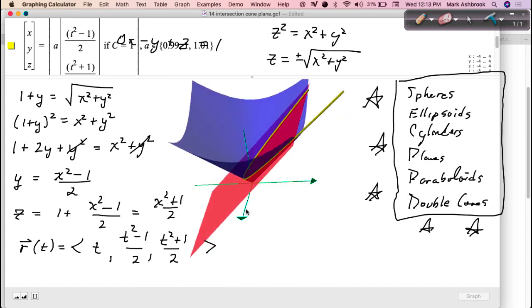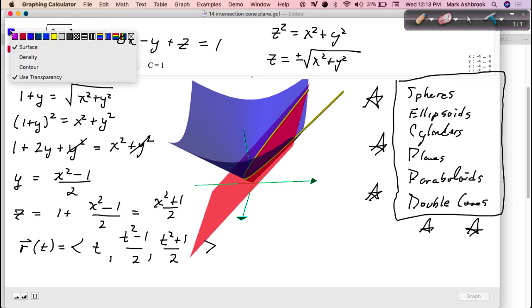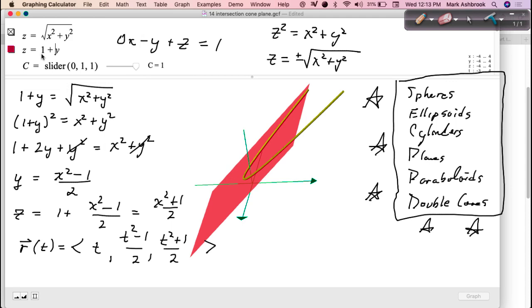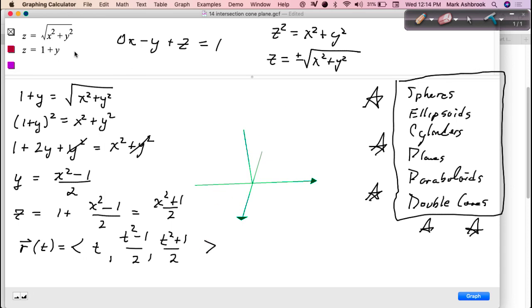Okay, so that would be if I were to what? If I turned off that cone and graphed the three equations of two variables, right? I got z equals 1 plus y. What else? Z equals x squared plus 1 over 2.